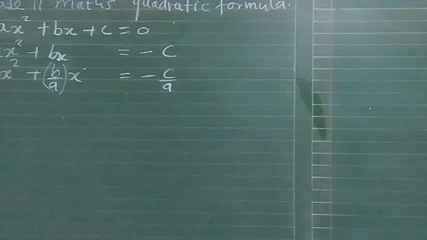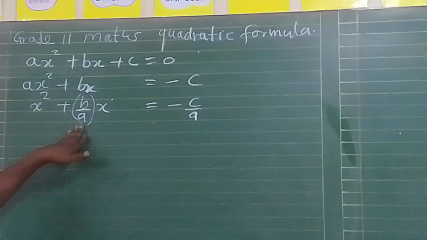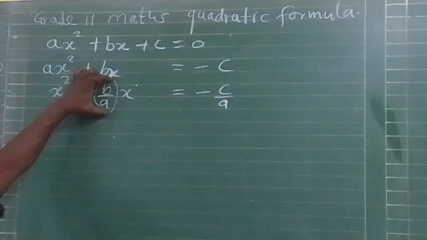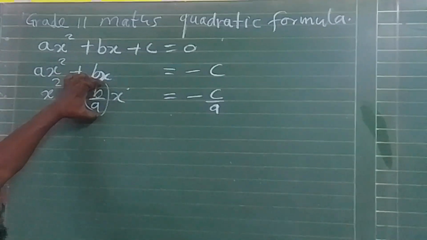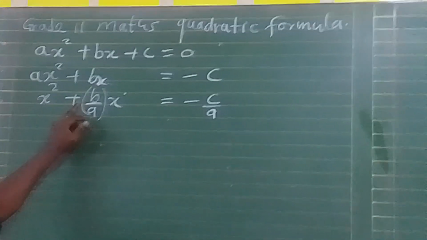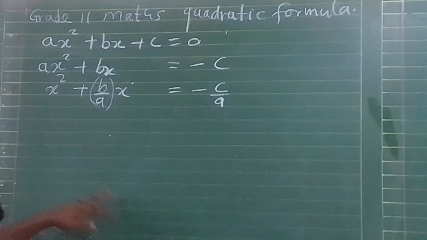Now, coming back from here, we are going to complete the square. The only term that is going to be affected is the middle term. When you complete the square, you take the coefficient of x, you multiply it by half, then you square it.